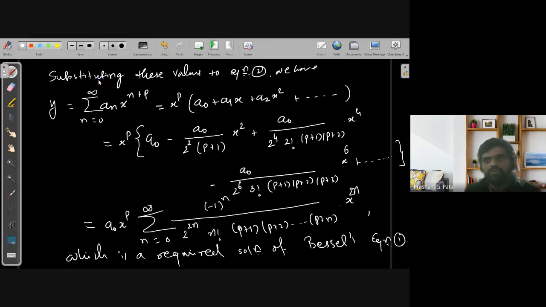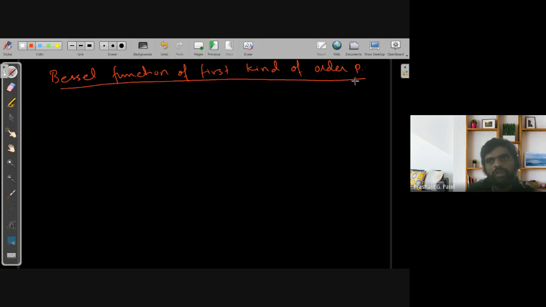The definition of Bessel's function of first kind of order P. So the definition is like this.